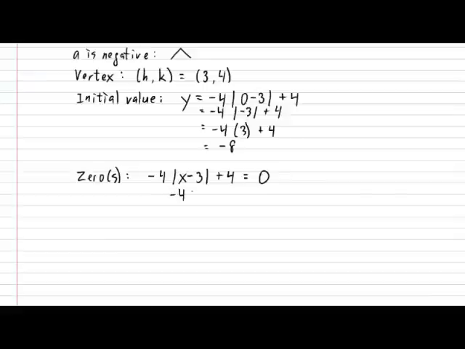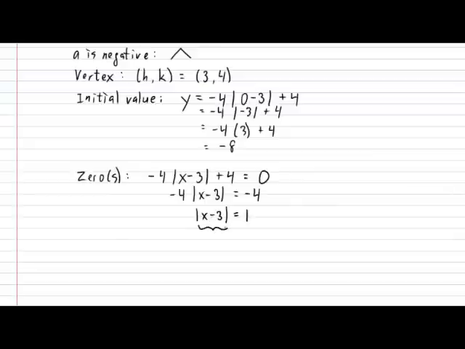So this will give us minus 4 multiplied by the absolute value of x minus 3, and the plus 4 goes to the other side, giving us negative 4 on the right hand side. Let's continue isolating our absolute value expression. So we have the absolute value of x minus 3 equals negative 4 divided by negative 4, which gives us positive 1.